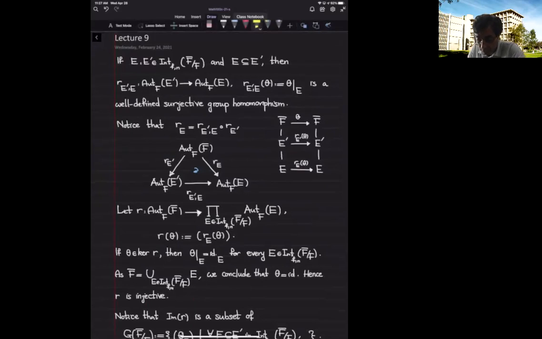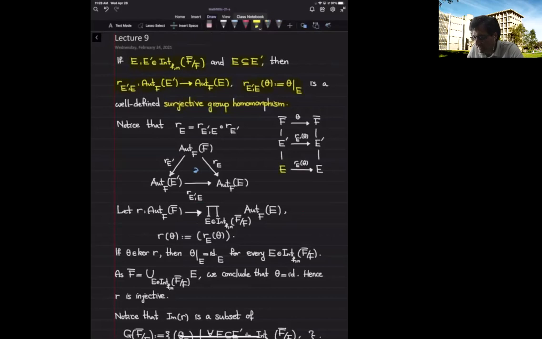Now, if I also give you two intermediate subfields that are finite normal extensions, and one of them is a subfield of the other one, then in fact we have already proved that this restriction map is a surjective group homomorphism because both of them are finite normal extensions. So I can capture this information in the following diagrams.